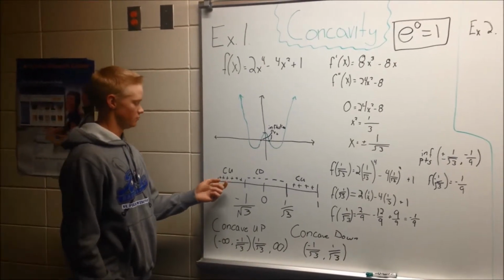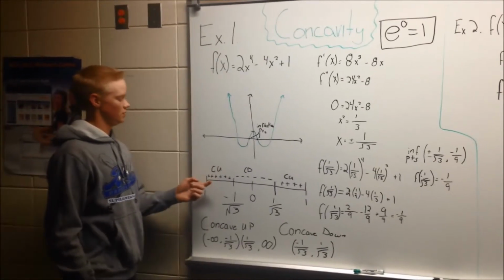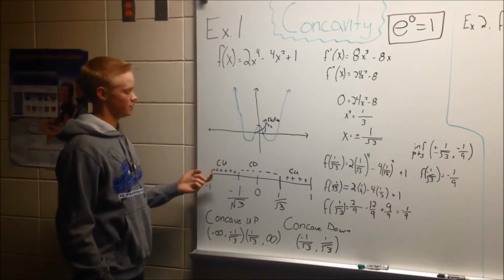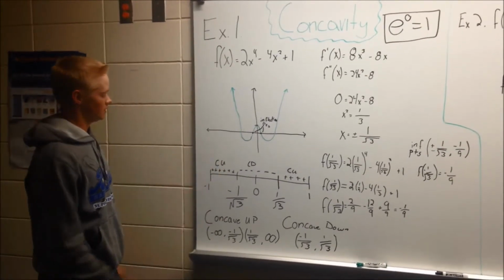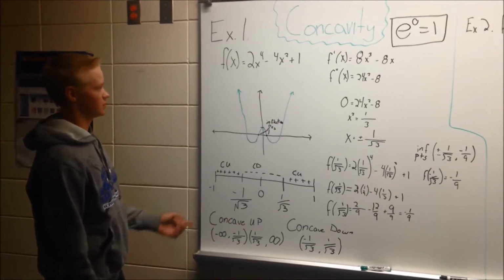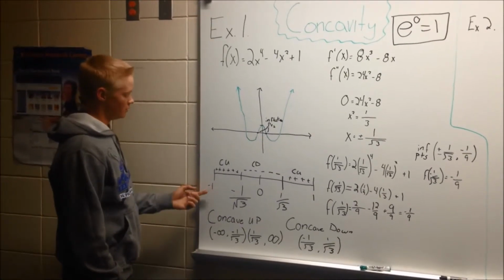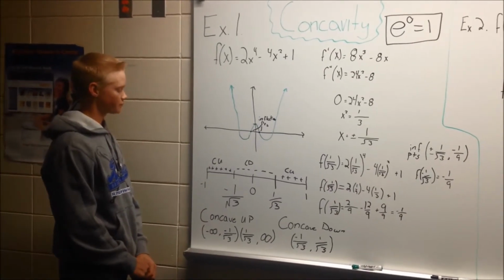To see if it's concave up or down, we plug in a value on the left side of one of the inflection points to see if it's positive, and we plugged negative 1 into the second derivative, and that is positive, so it's concave up from negative infinity to negative 1 over square root of 3.